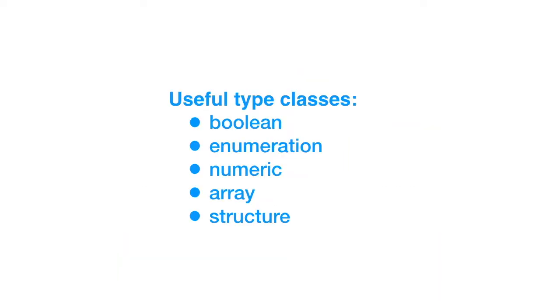And I believe that these are the most useful, although still very basic and fundamental, classes of types. Okay, so we should have booleans to represent truth values. We should have enumerations, some numeric types, arrays, and structures as a way to define aggregates.